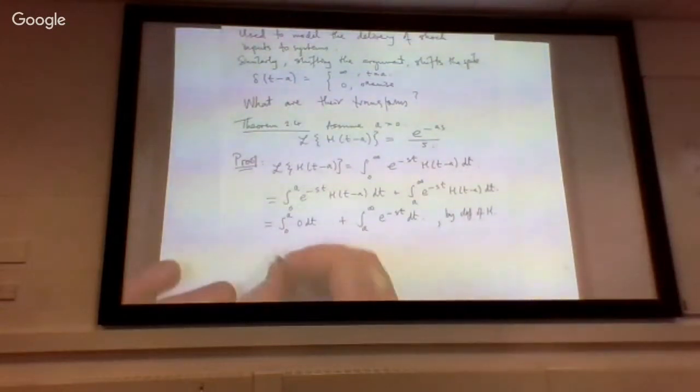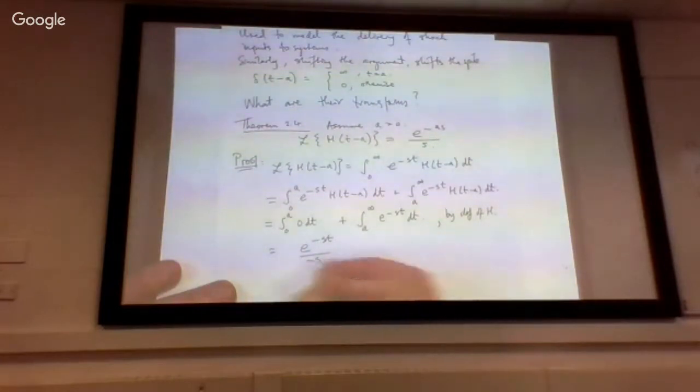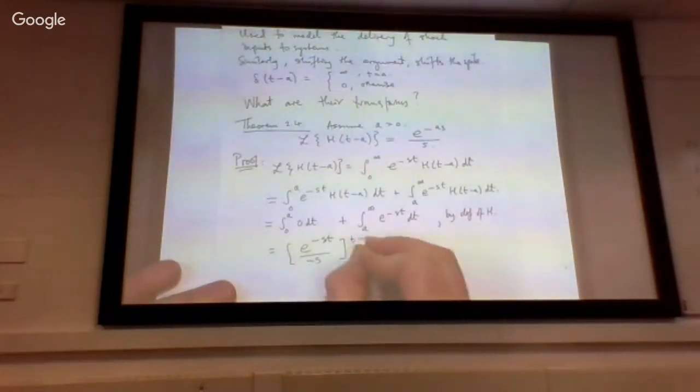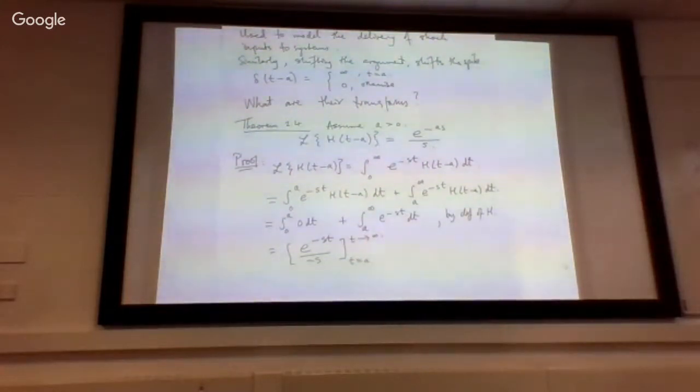So the integral is just the integral of the exponential, which is, of course, e to the minus st over minus s, evaluated at t equals a, and taking the limit as t goes to infinity.